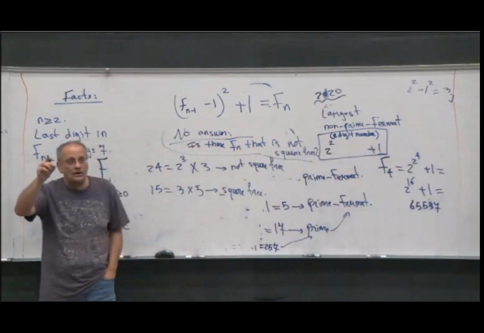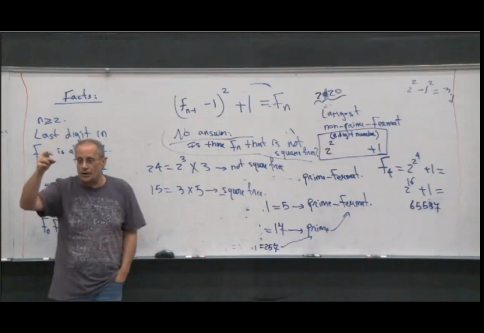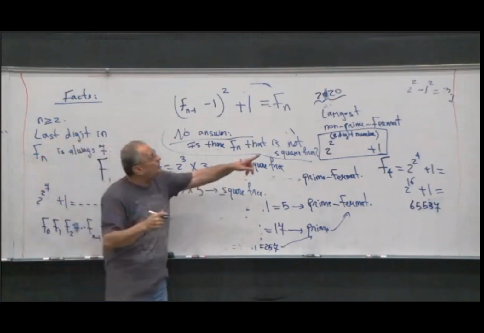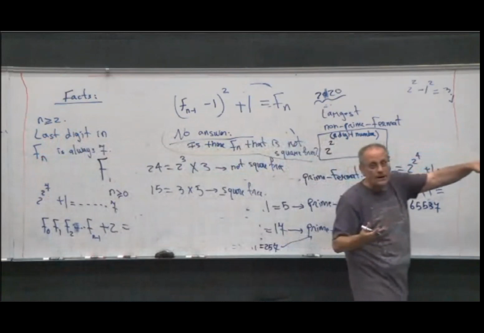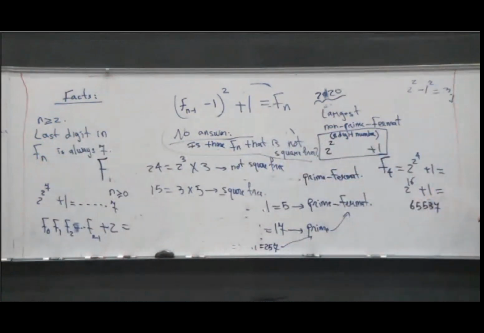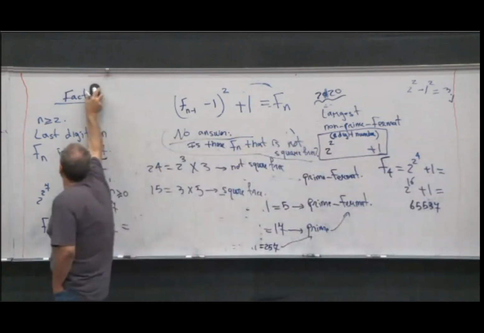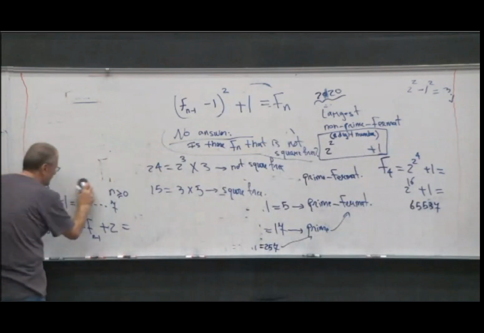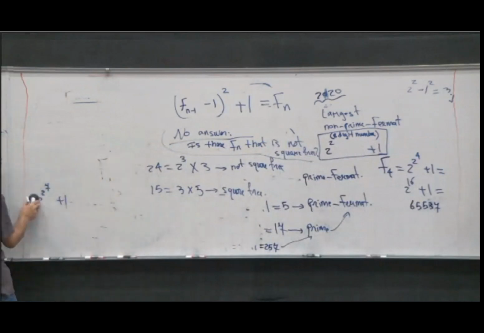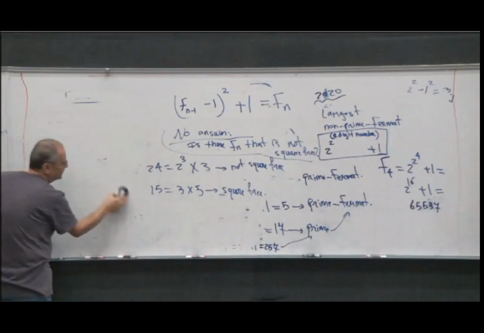When n equals 0, we have 2 to the 1 plus 1. So this is a Fermat prime, or prime Fermat. Okay, now here is the question that we have no answer to. Let me write it here. No, sorry. We have an answer to this, which is kind of interesting.